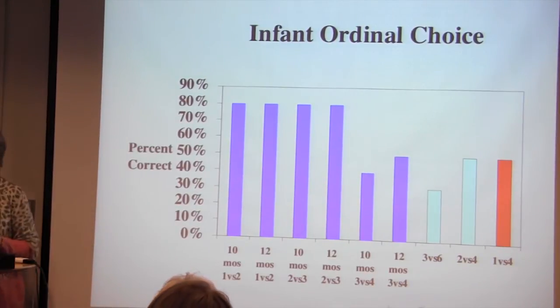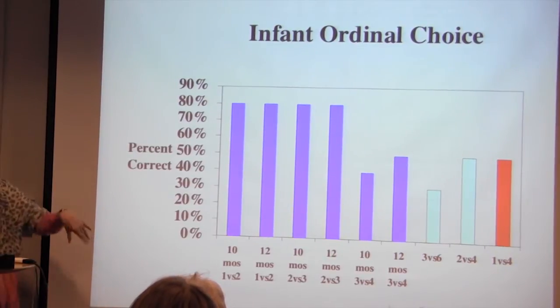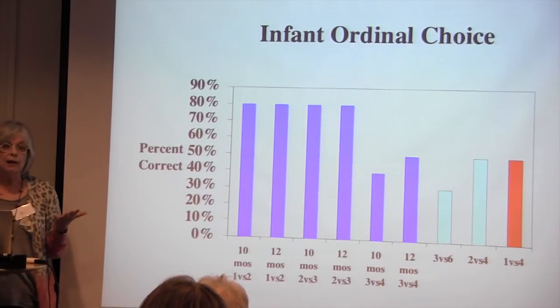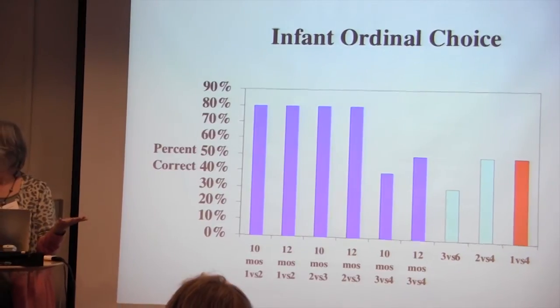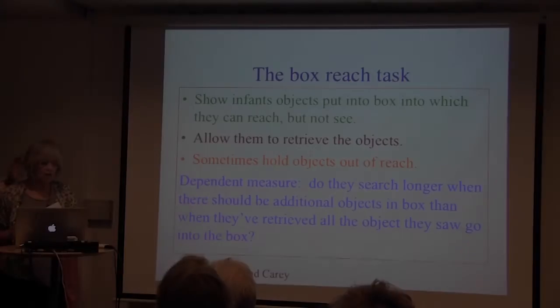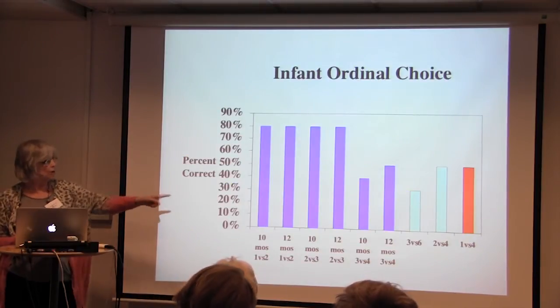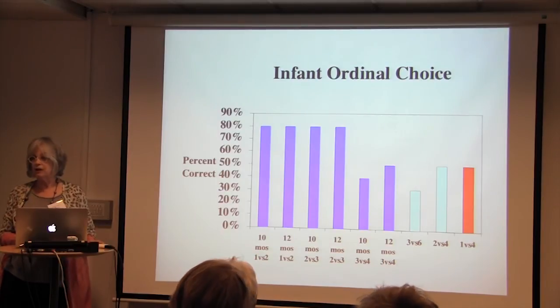Babies are way up there, 80% correct. 1 versus 4, random. Okay? That is really striking, because it's the same number of crackers that you're having to track. There's 5, and you've drawn 4 times as much attention to the bucket with 4 than the bucket with 1, and they're still at chance.